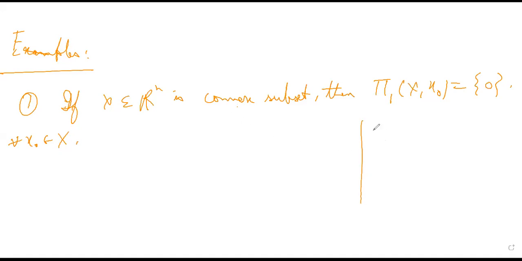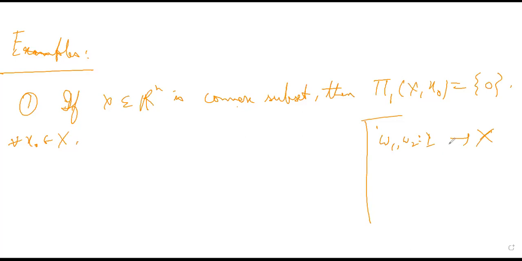We have seen that if you have any two maps f1, f2 from some Y to X, and X is convex, then they will be homotopic. So in particular, any two loops omega 1, omega 2 from I to X will be homotopic.